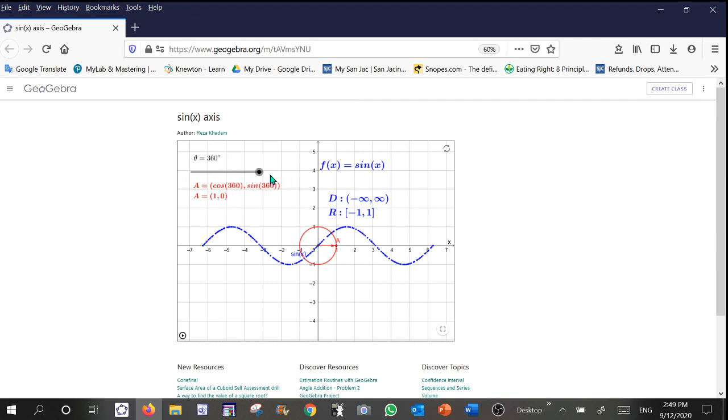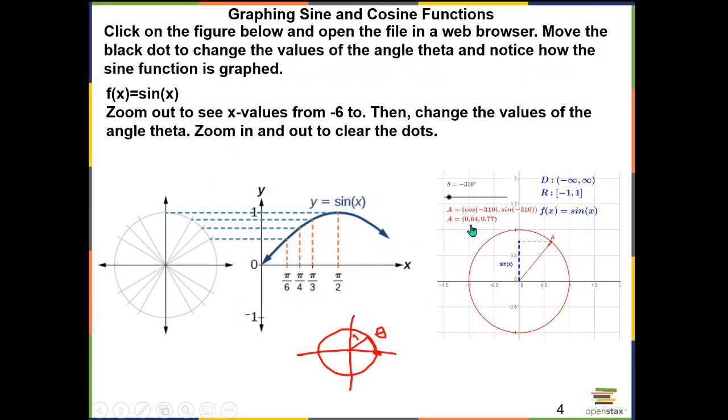Make sense? All right. So let me get rid of that and go back to explaining what's going on here. Okay, so that's the idea of using the unit circle to graph a sine function, right? Do not confuse the two things we are using here.